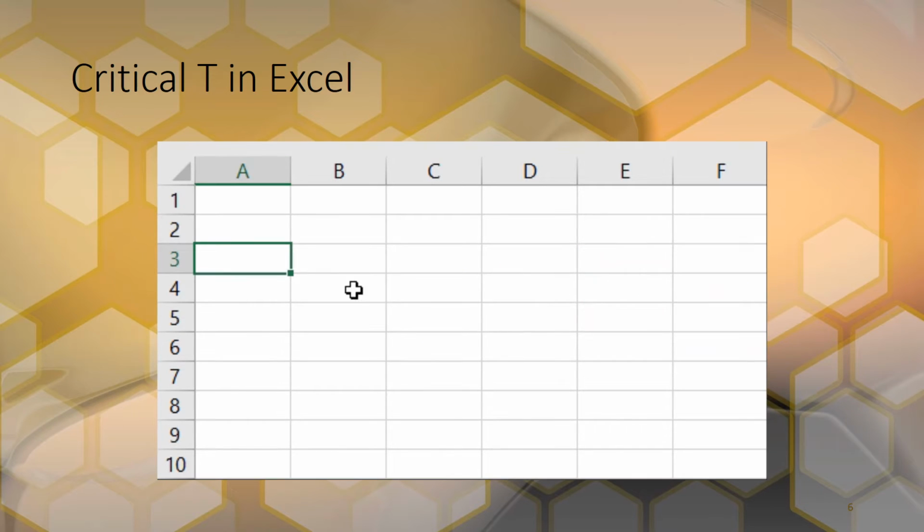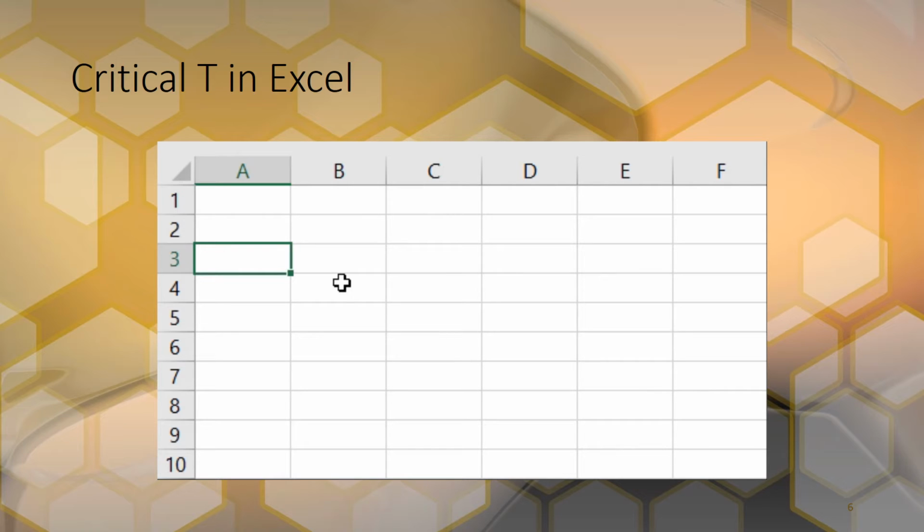Now I'm going to show you how to find the critical t in Excel, because as you saw on the last slide, the critical t-table doesn't have every single degrees of freedom there are. And that's because that table would have to be really, really large. It's different than for the z distribution.